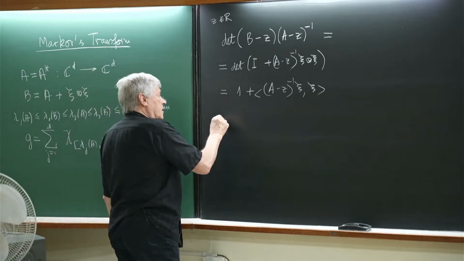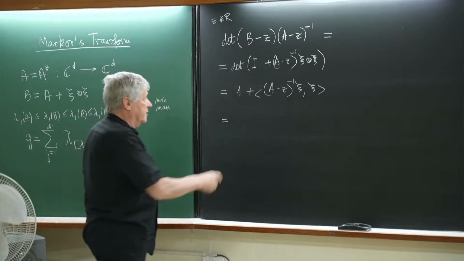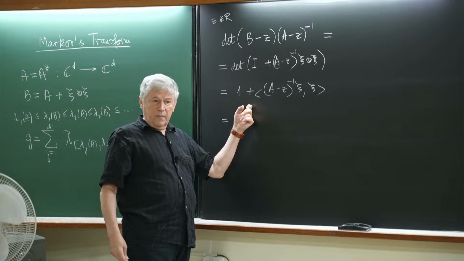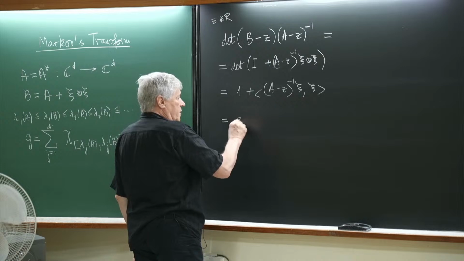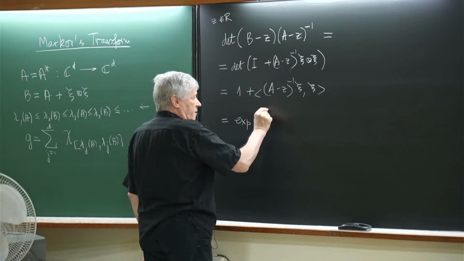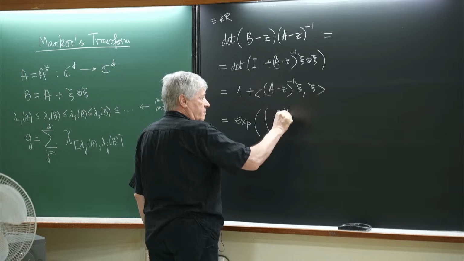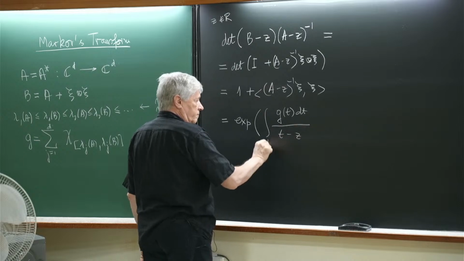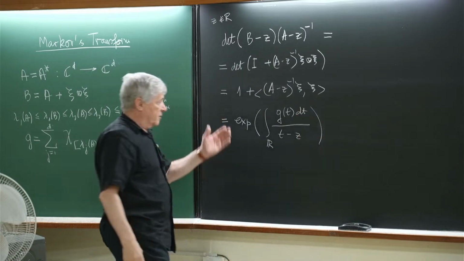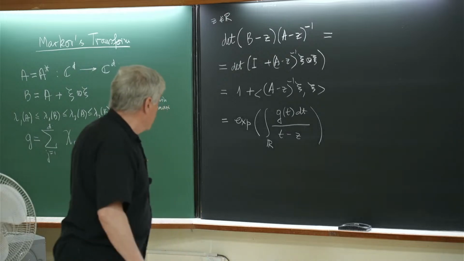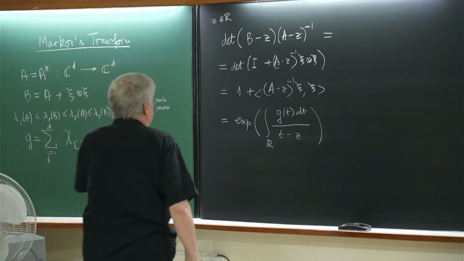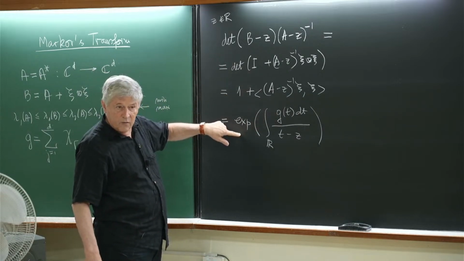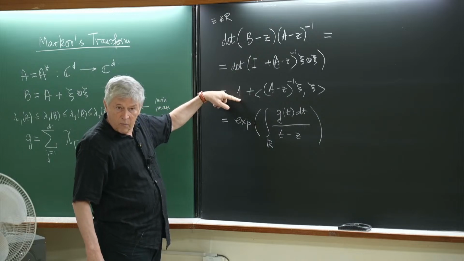And what Markov transform gave us, we take what we call the phase of this function, which maps the upper half plane to itself, and it will be the exponential of the Cauchy transform of this function G. G, of course, has compact support here, and is entering in the multiplicative structure of these compressed resolvents.